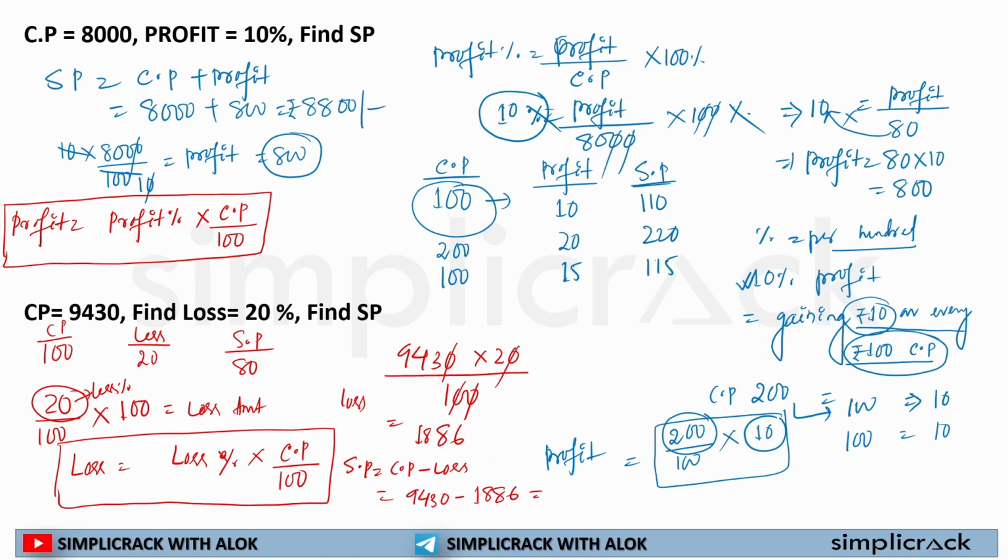So same methodology. 1886 plus 14 is equal to 1900, and then the difference. So I will do it like this. 9430 minus 1900 is 7530, and then plus 14 gives 7544.